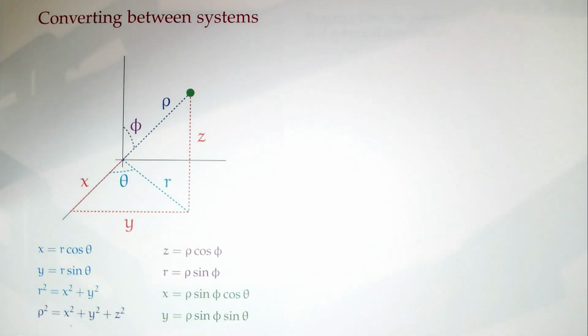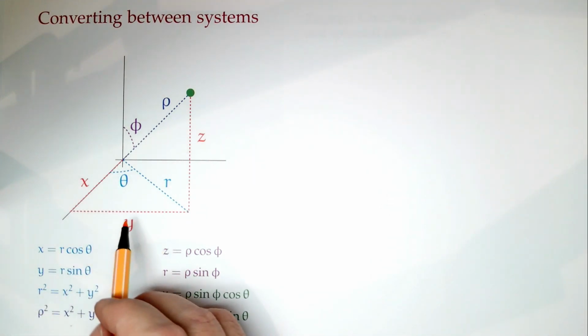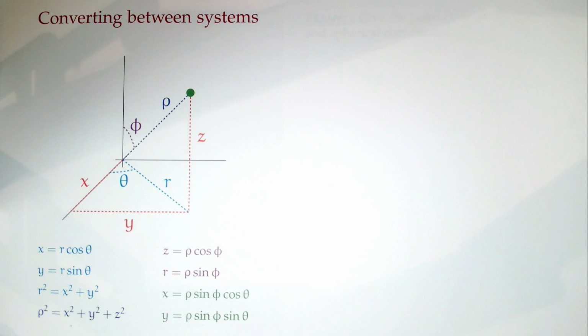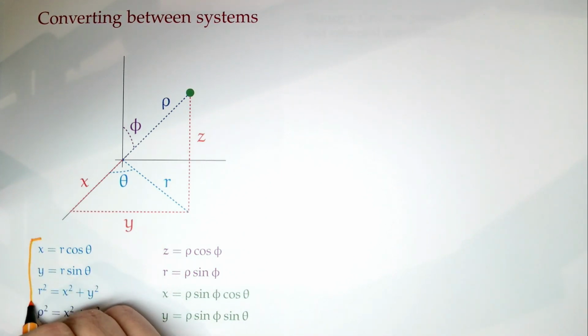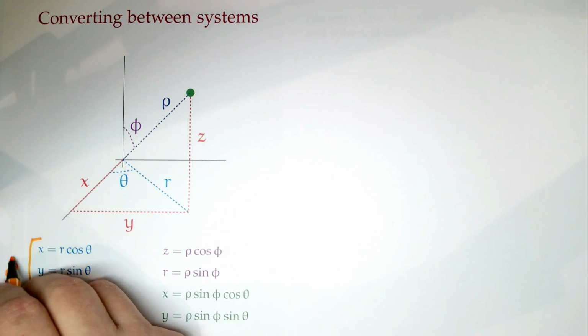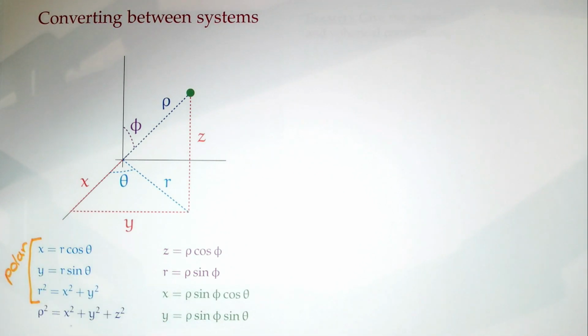And if I'm in the xy plane, I can say, hey, this x, y, r, and theta do the same thing as they did before. So I still have these relationships that come from polar coordinates. So in other words, x equals r cosine theta, y equals r sine theta, r squared equals x squared plus y squared. That gets inherited.